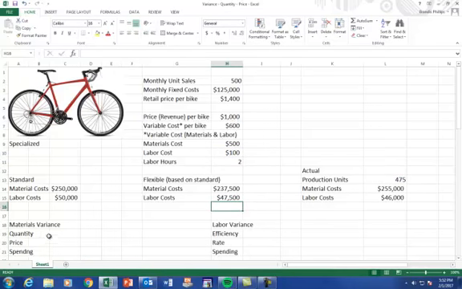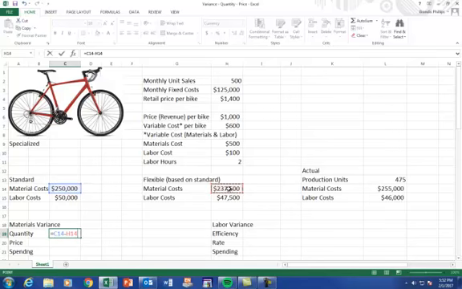Okay, so again, the quantity variance, if we take here the material cost, the standard cost, we take the difference of the material cost, we have a positive or favorable variance.